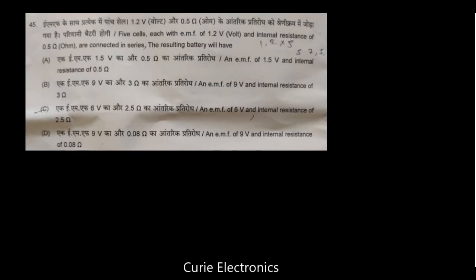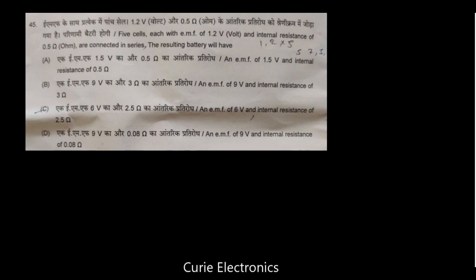Question number 45. 5 cells, each with EMF of 1.2 volt and internal resistance of 0.5 ohm are connected in series. The resulting battery will have.